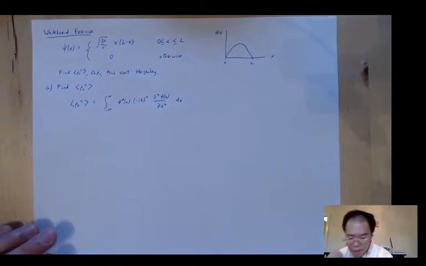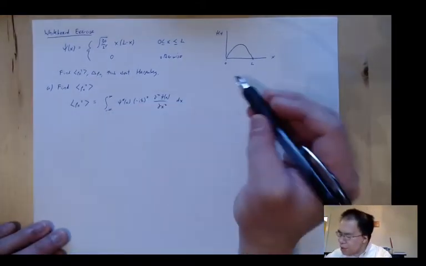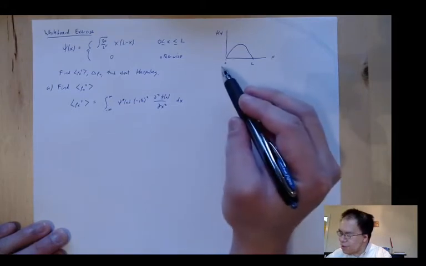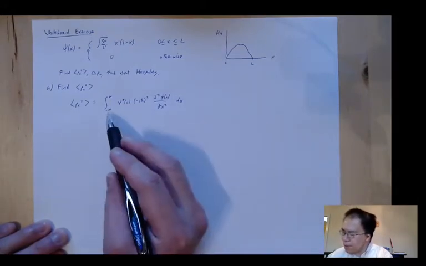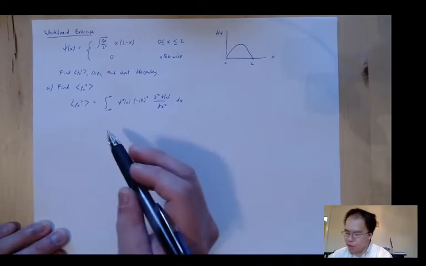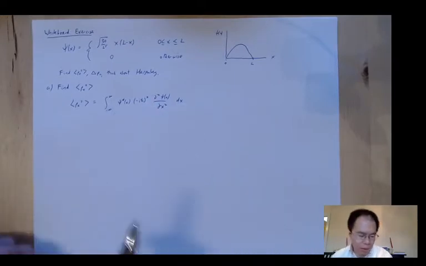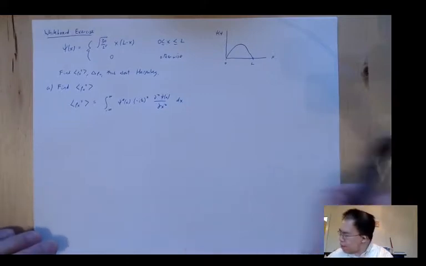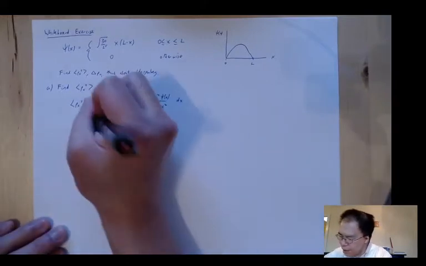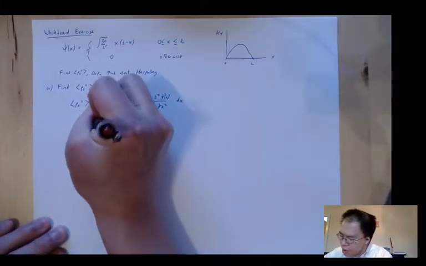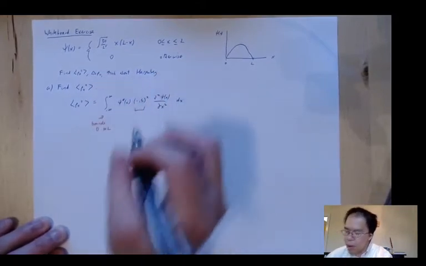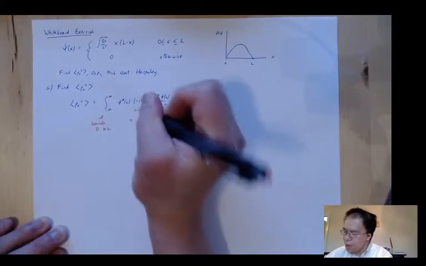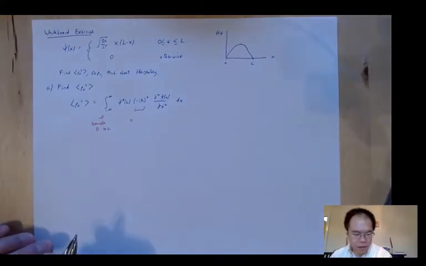Okay. Now, because the wave function is only non-zero between 0 and L, the bounds of integration we're going to change to 0 to L when we start integrating. So let me note that. So bounds 0 to L. Also, this piece, this is minus i squared.